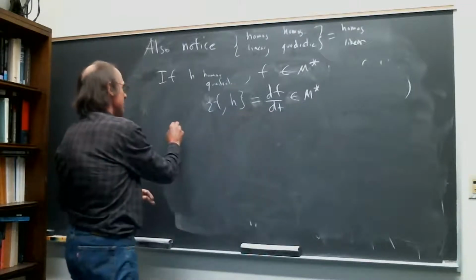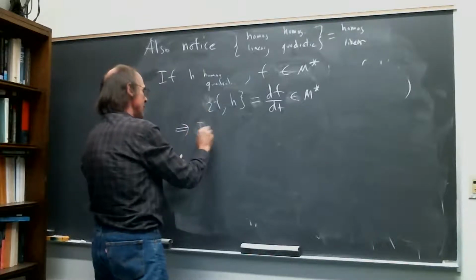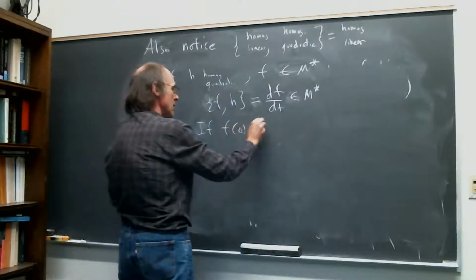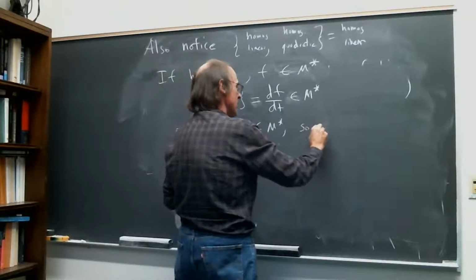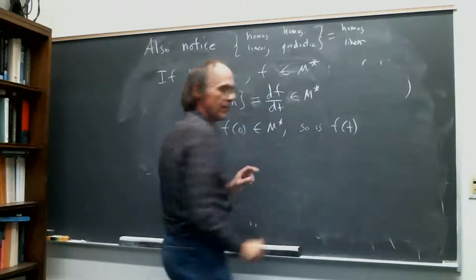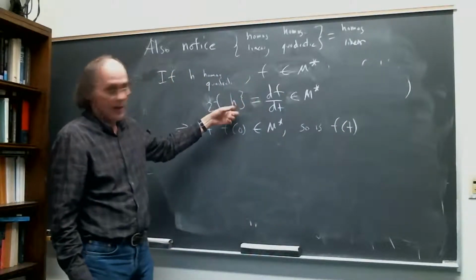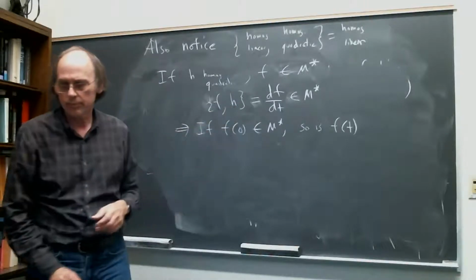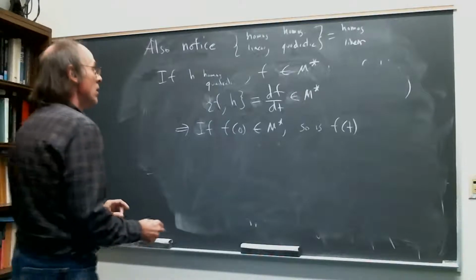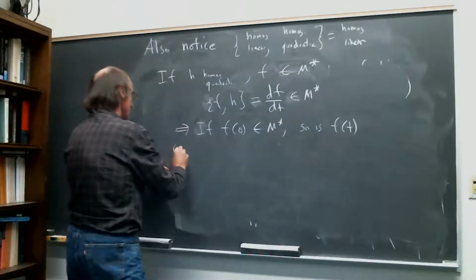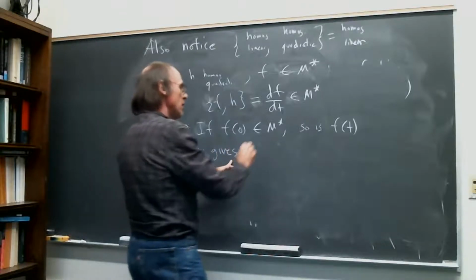And so this implies that if f of 0 is an element of M star, so is f of t. So what these H's do is they give an action.